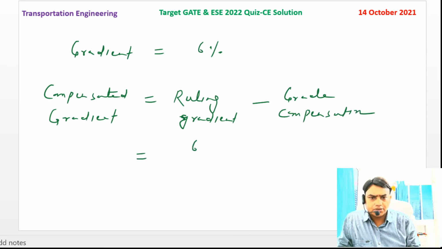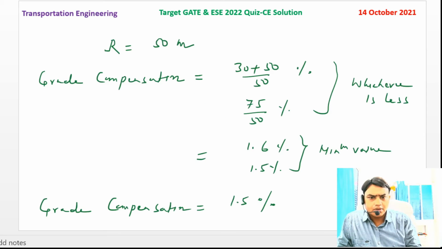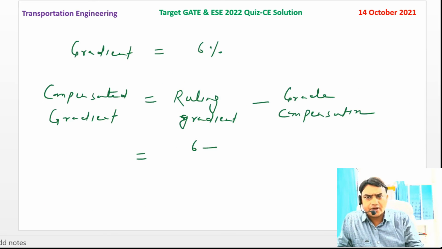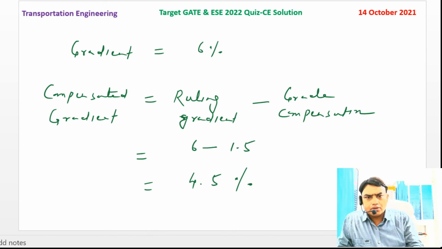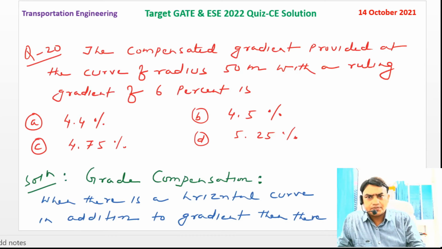So it will be 6 minus 1.5, so it is 4.5%. So compensated gradient is 4.5%. So B option is correct.